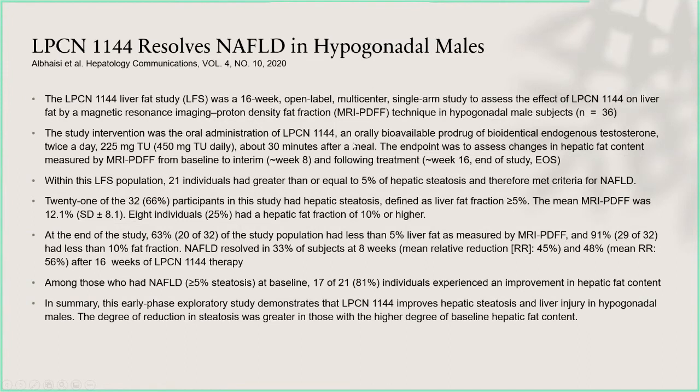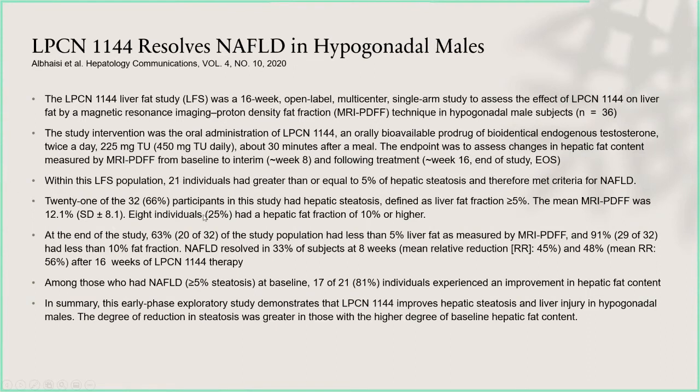It is oral bioavailable bioidentical endogenous testosterone, given twice a day, 225 milligrams of testosterone undecanoate 30 minutes after a meal. They wanted to assess changes in hepatic fat content measured by MRI proton density fat fraction from baseline to 8 weeks and at 16 weeks.